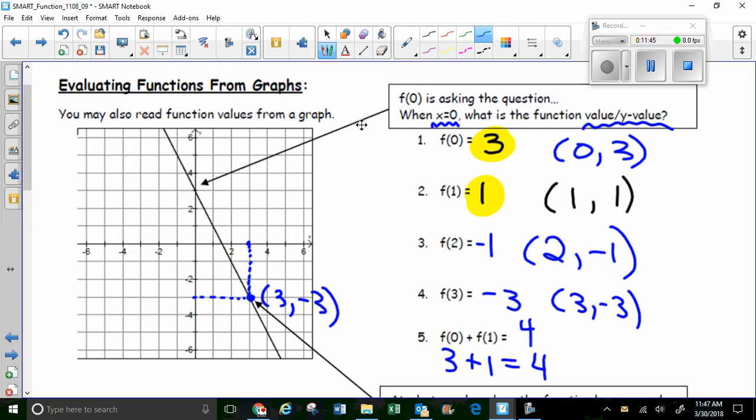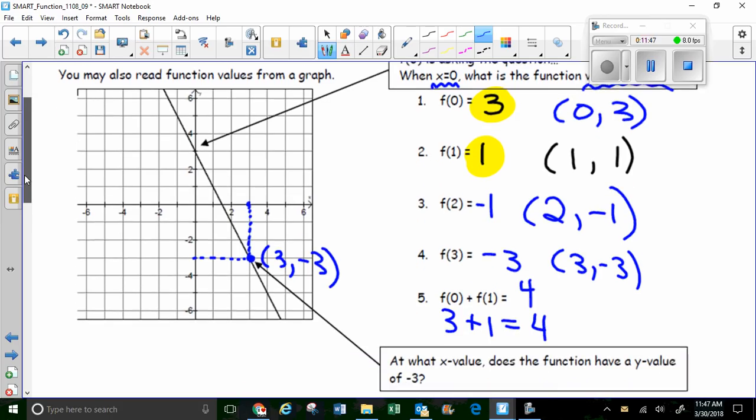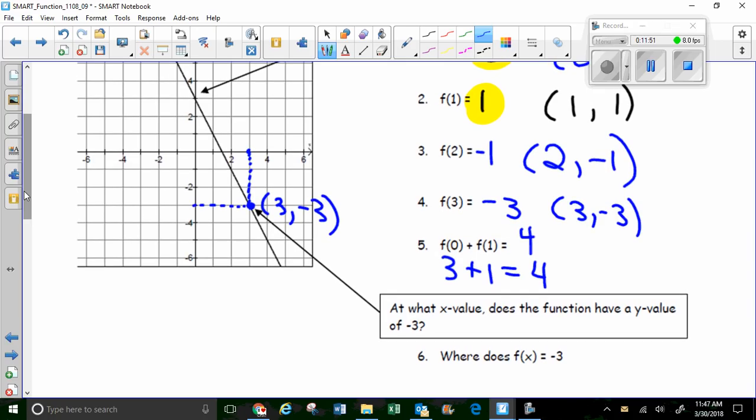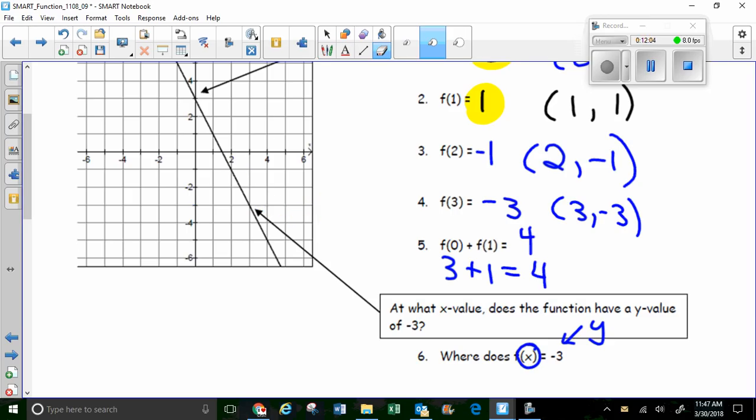Now, just like when you're evaluating the equation, you can go backwards on the graph as well. Number 6 says, where does f of x equal negative 3? So it wants me to figure out the x when y is negative 3. So we have to go over to our graph where we've got a y value of negative 3. So that would be right here.